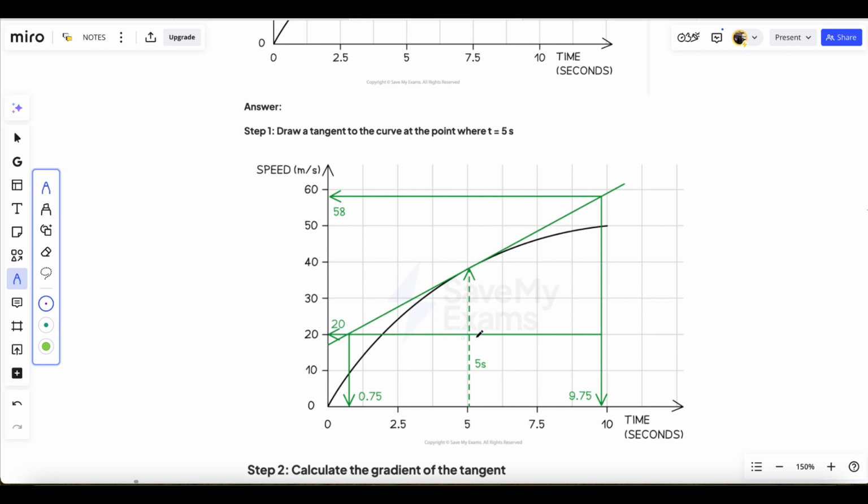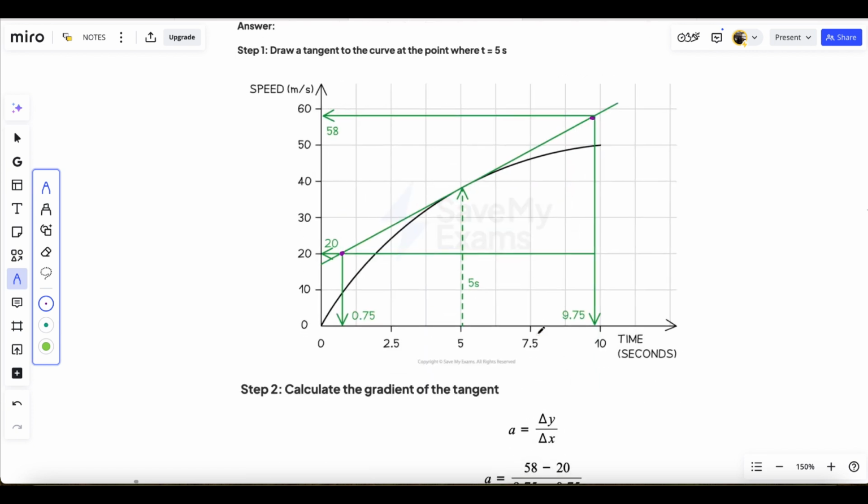And then you can now make your right angle triangle with this tangential line. So you're choosing this point and this point for your gradient, because we don't use the curve to calculate the gradient. We just draw a tangential line and then we calculate the gradient.